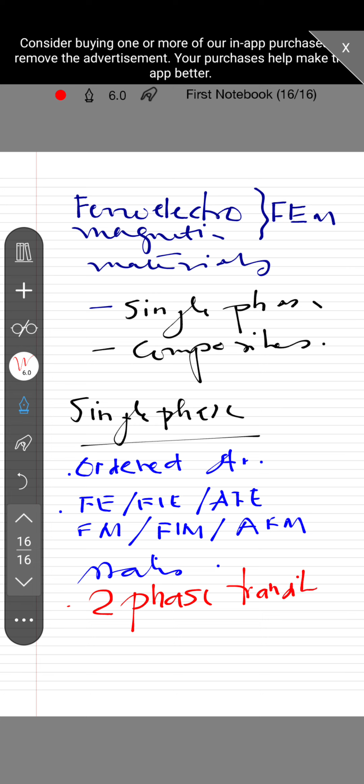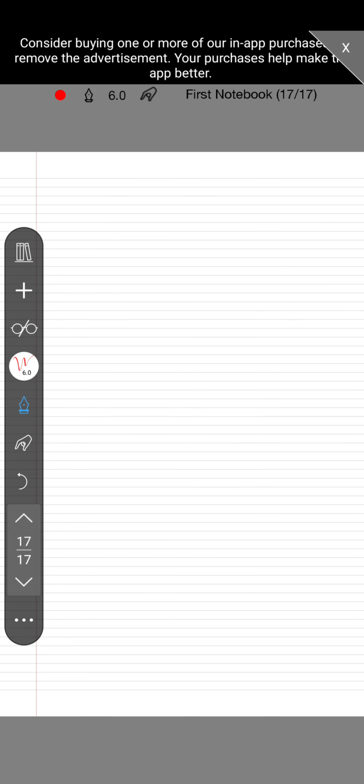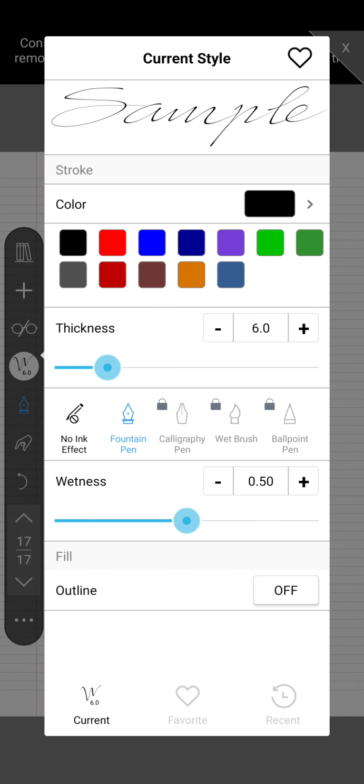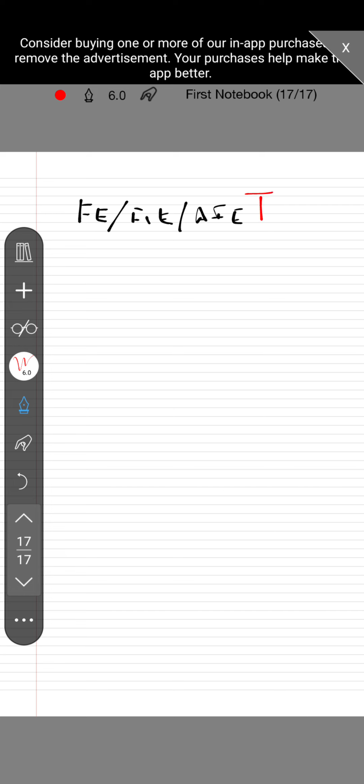The first one is in the ferroelectric state or anti-ferroelectric state, and that will be governed by the critical temperature TCE, and we have a piezoelectric effect occurring here.